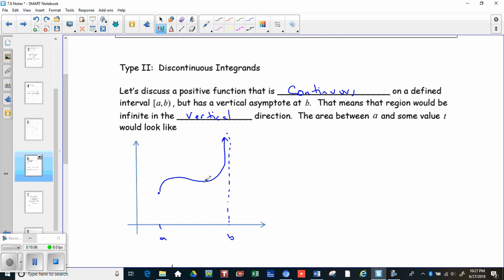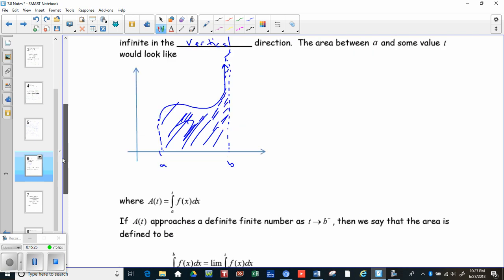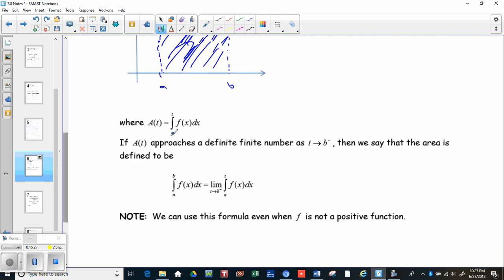As you can see, this would create an infinite discontinuity, because this area technically keeps on going up this way. It's infinite in the vertical direction. It's the same concept, however. We can still try to figure out whether this thing is going to have a finite value or whether it's just not going to approach that asymptote quick enough.